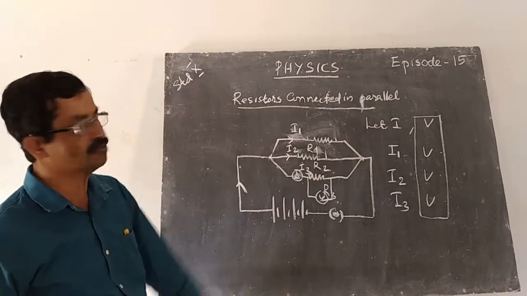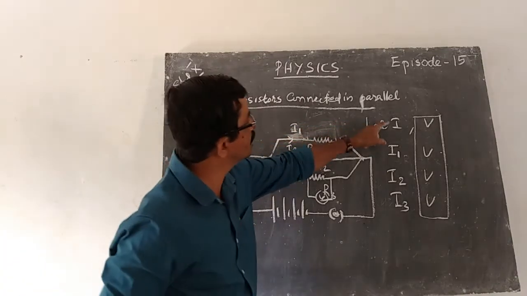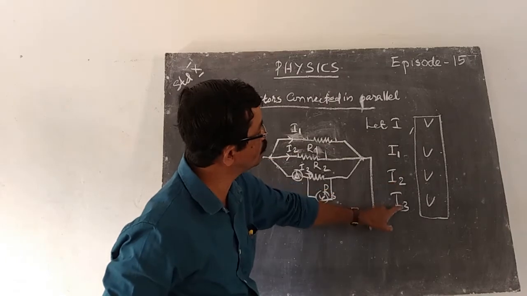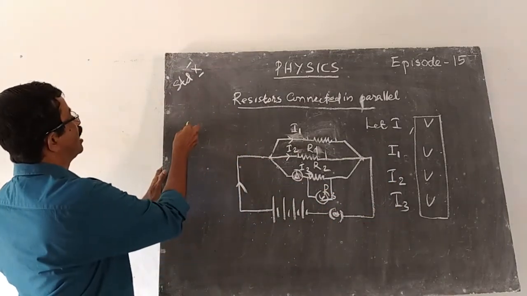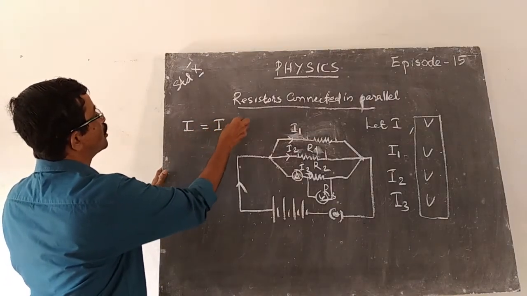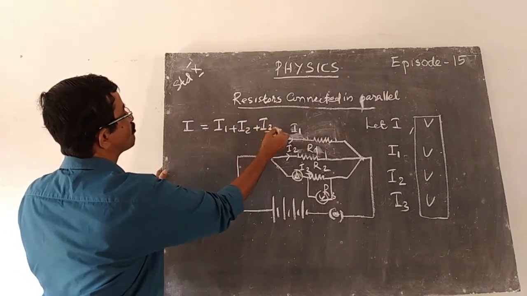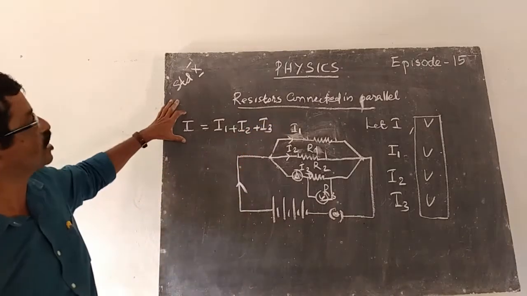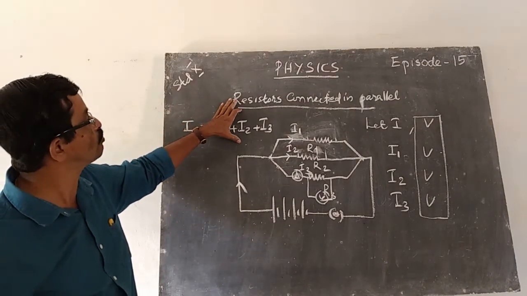By observing currents I1, I2 and I3, we can get the relation I is equal to I1 plus I2 plus I3.